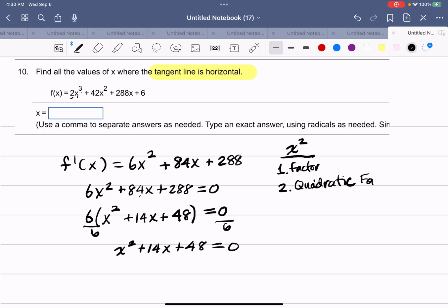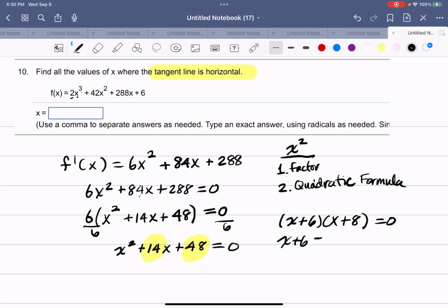And it's a lot harder to simplify the quadratic formula than it is to factor. So remember what I need here. I need the factors of 48 that will add up to 14. So that's 6 times 8. So it's going to be x plus 6 and x plus 8 equals 0.